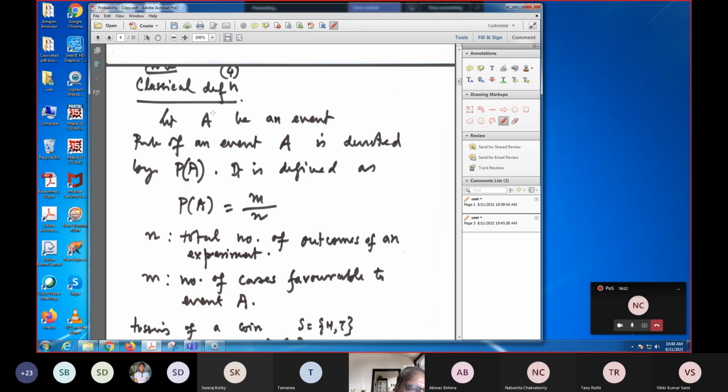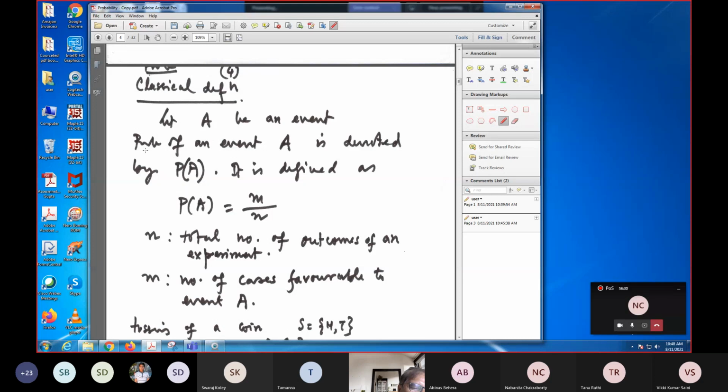So probability of an event. Okay, always we find the probability of an event. And what is event? Event is nothing but the subset of the sample space. And what is sample space? Set of all possible outcomes. Okay, so how do we denote?